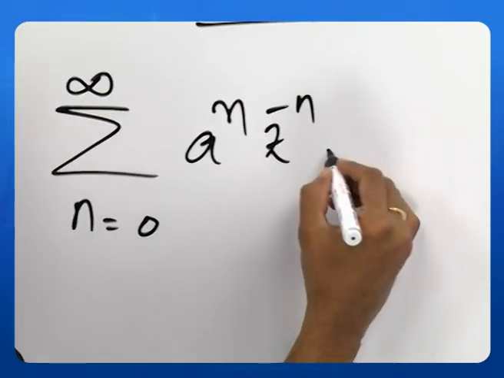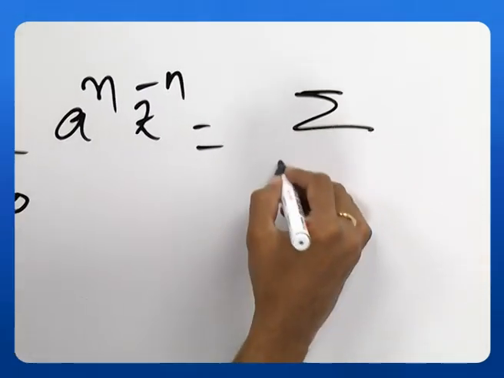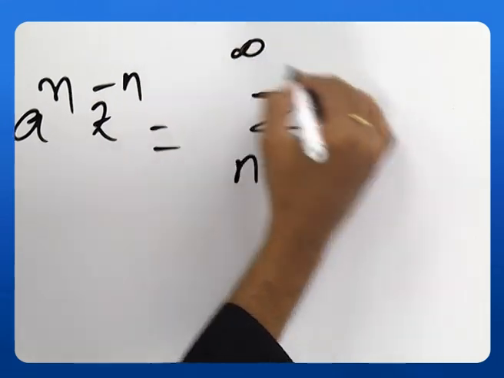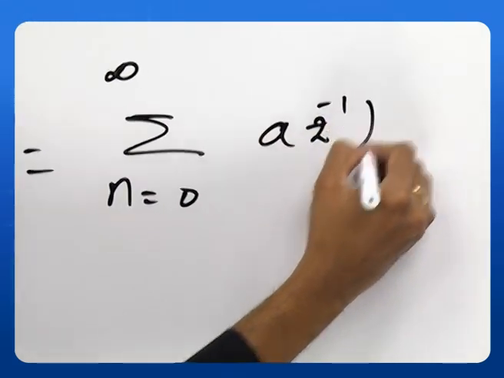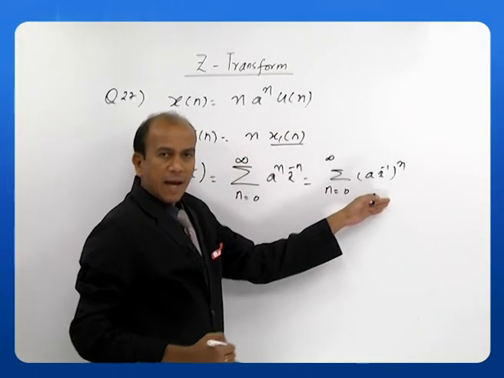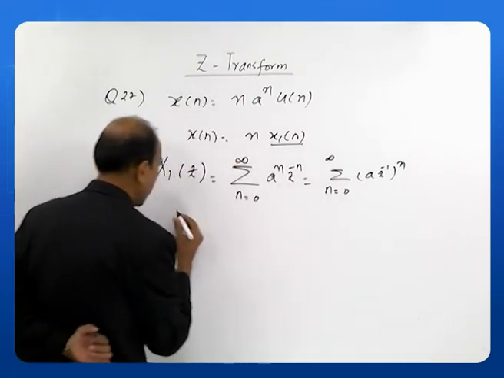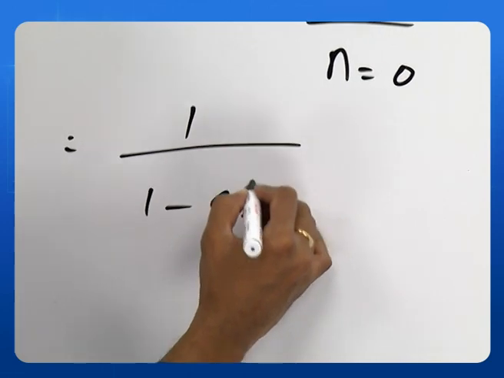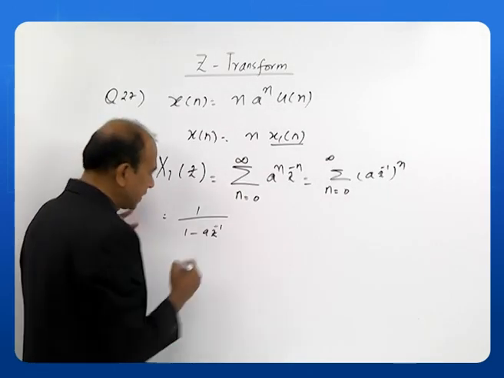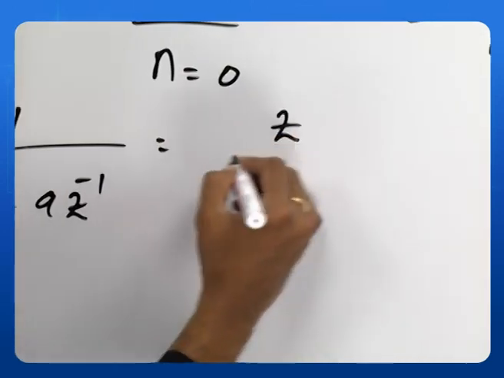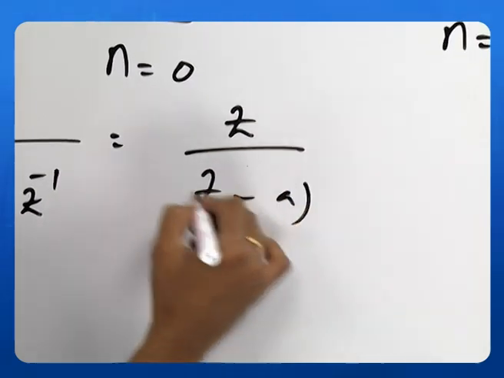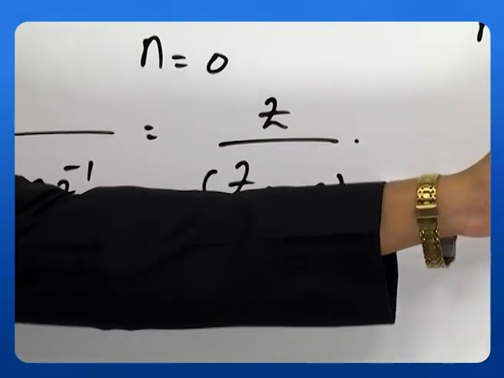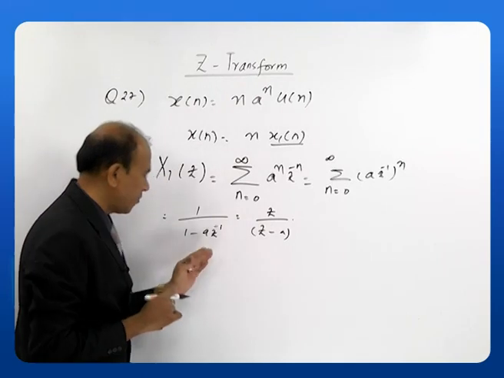So this I can write as summation n is equal to 0 to infinity. Okay, we'll take n common. So that will be equal to 1 by 1 minus a z to the power of minus 1. So this I can write as z by z minus a. Alright, this is what we got.